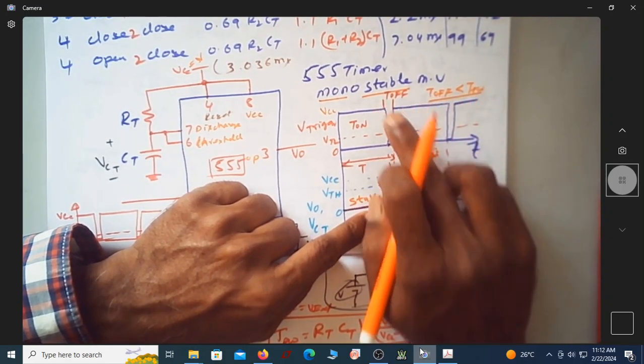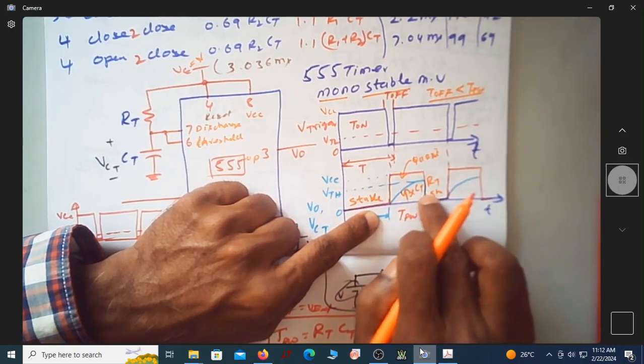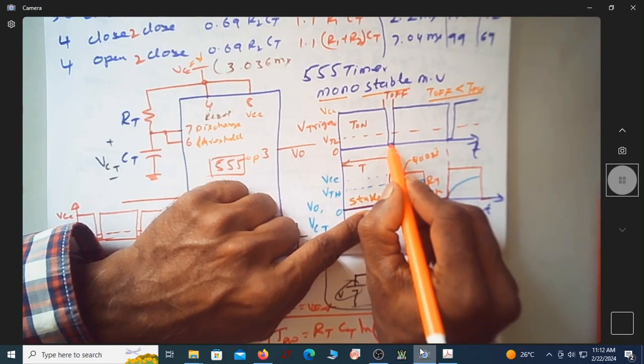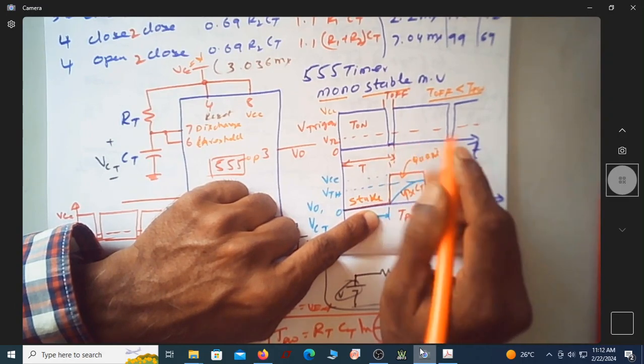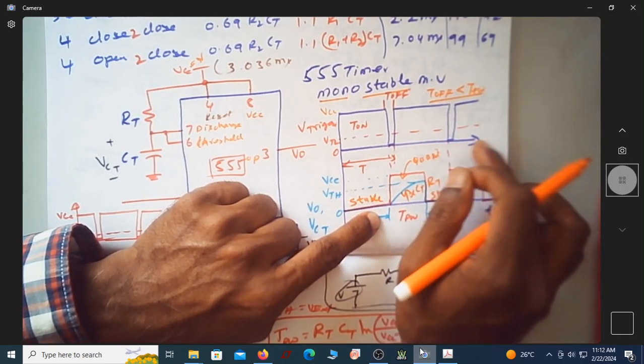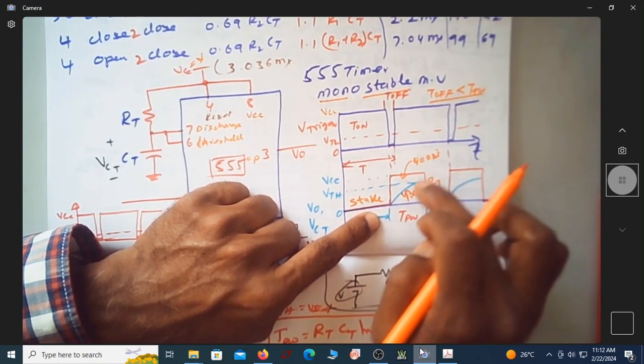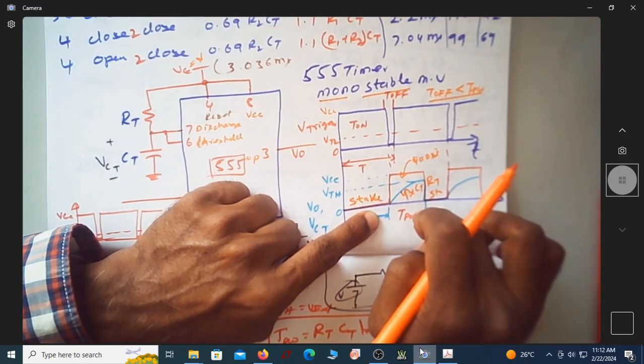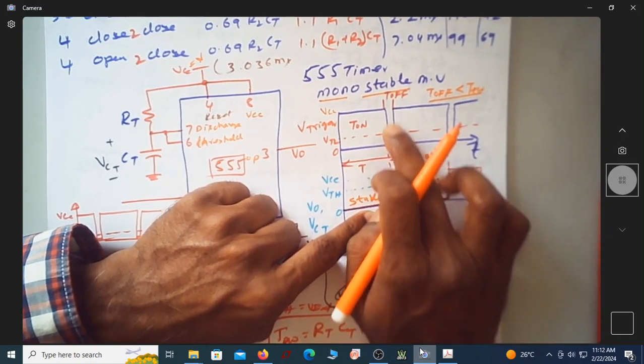Suppose this T off is more than the pulse width, then as long as this trigger signal is less than VTL, that long my output voltage will be held at VCC. So the quasi-stable state will not end at TPW, because the trigger has not gone back.